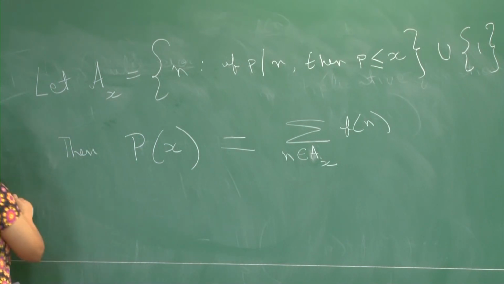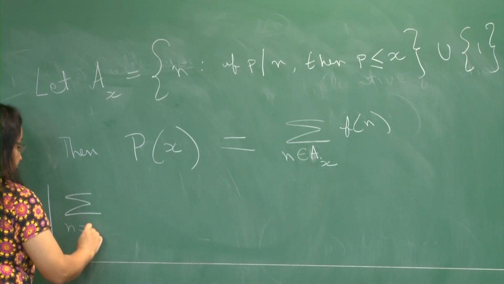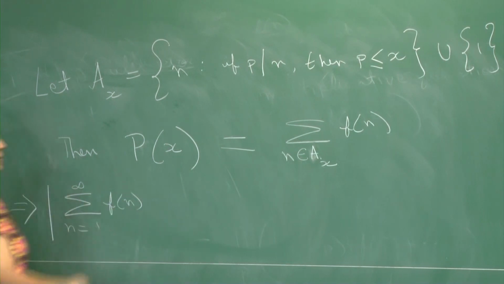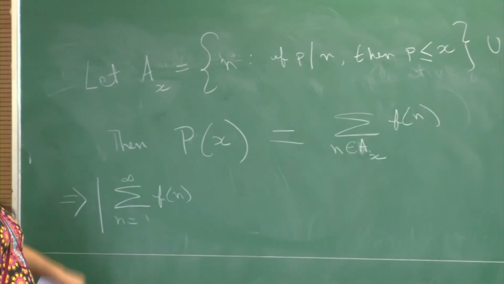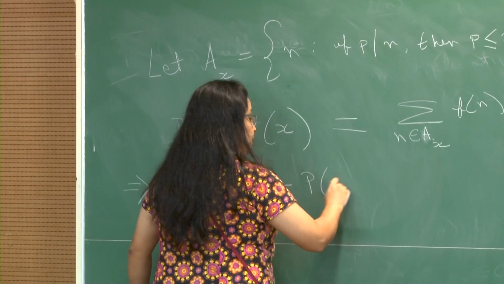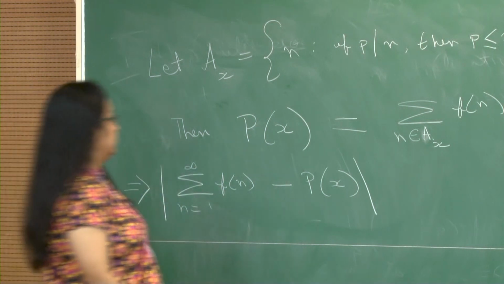And so, when you take the sum of f of n going from 1 to infinity and remove p of x from it, what are you left with?